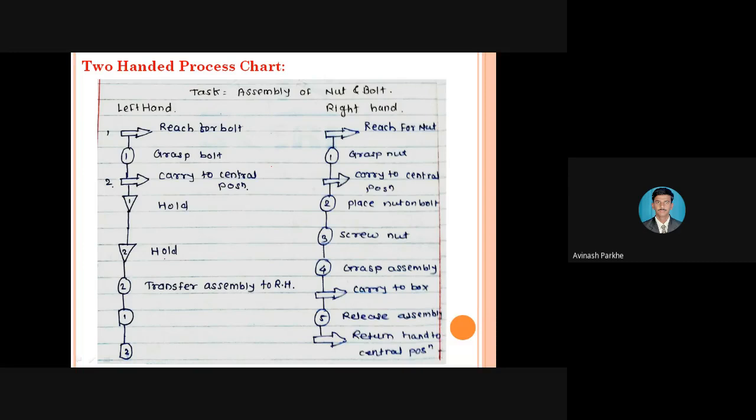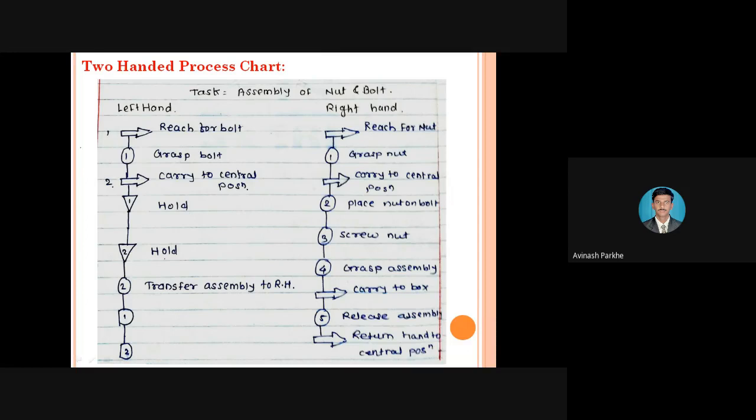Sometimes your right hand is required for holding the job only, and using the left hand we are doing some of the operation. That means simultaneously the movement of the left hand is taking place, and the movement of the right hand is also taking place. So, to represent the movements taking place by the left hand and the right hand simultaneously for a single task, we use the two-handed process chart.